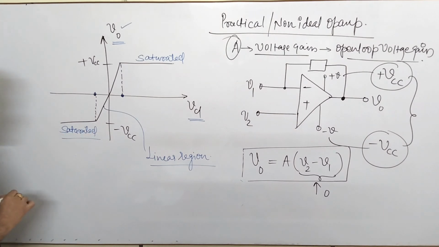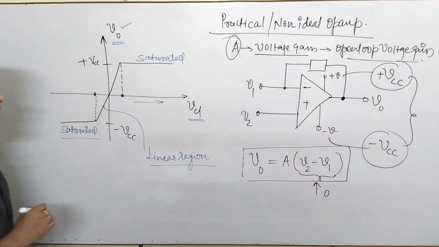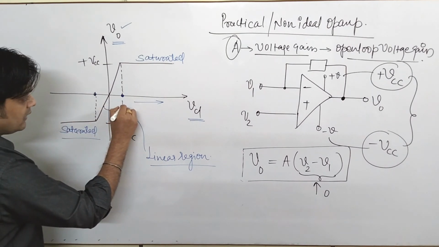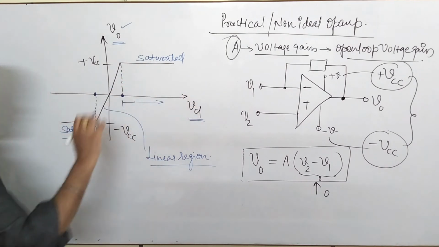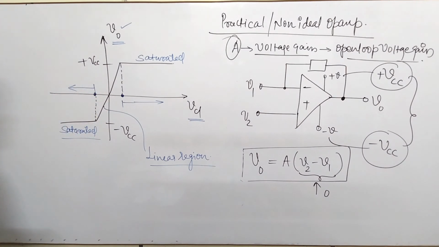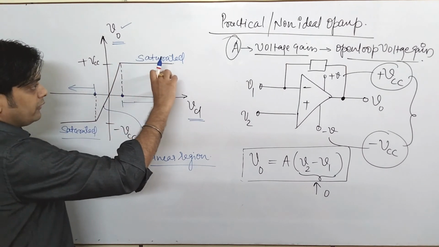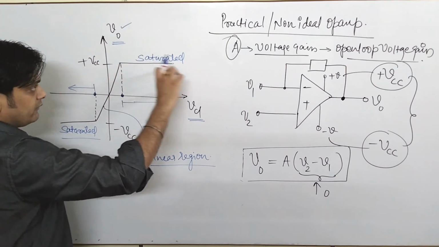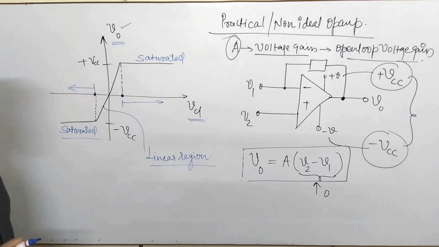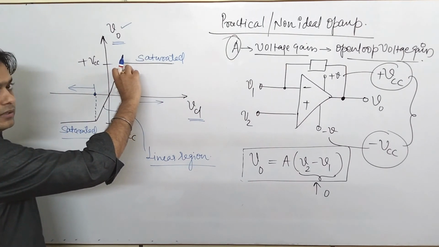That means you can increase the value of VD from this value to a higher value, and similarly from this value to a lower value, but the output of the op-amp after this point will get saturated.